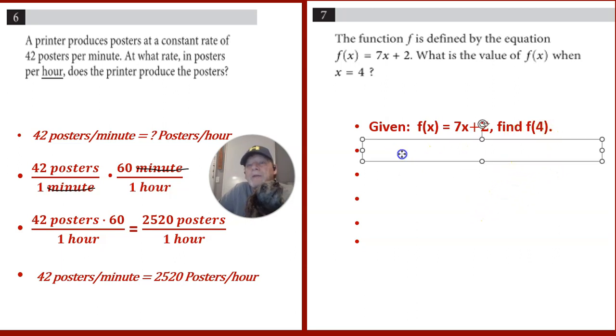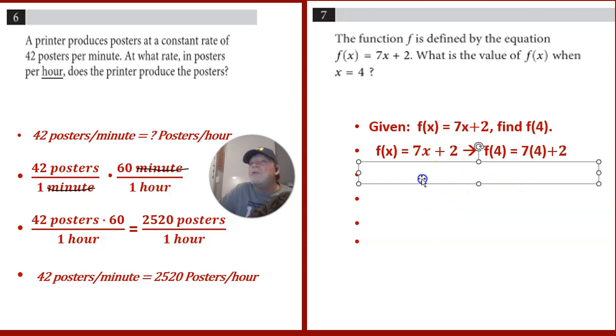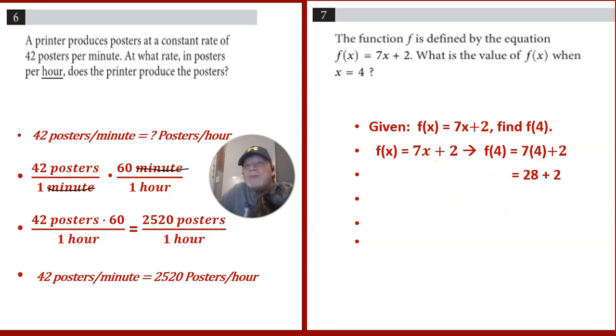Wherever there's an x, I'm going to replace it with a 4. So I replace this x with a 4 and this x with a 4. Don't make it harder than what it is, but understand we're just finding those values. 7 times 4 is 28, plus 2 is 30. So f of 4 equals 30.